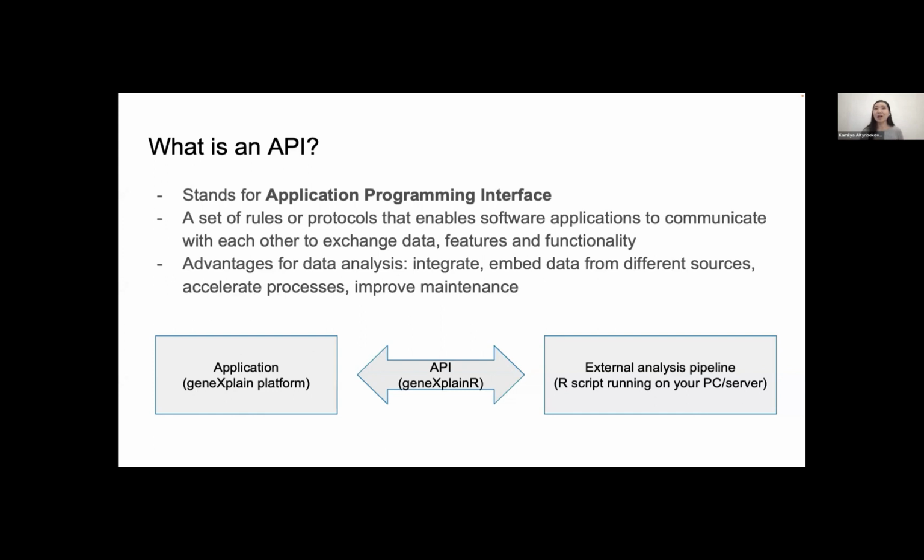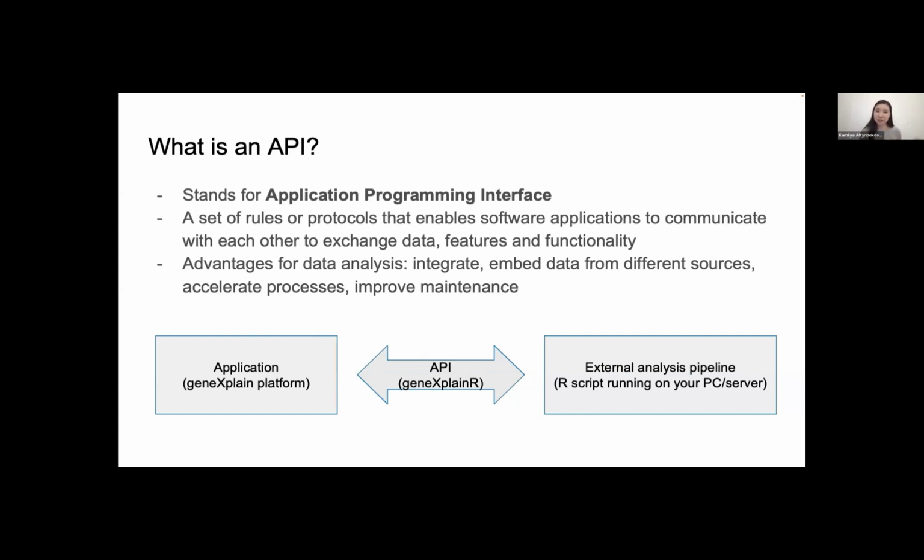We have a set of rules, packages, and commands that allow these two softwares to talk to each other, to share the data, features and functionality. This comes in the form of an API. They can be libraries for some programming languages, or just a set of rules for HTTP sometimes. This depends on the form.